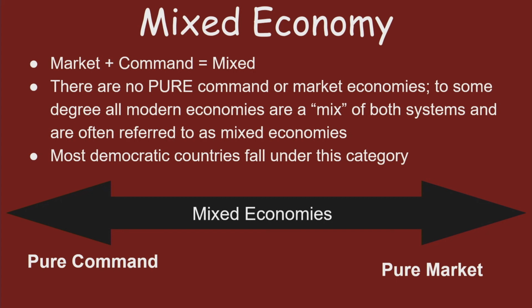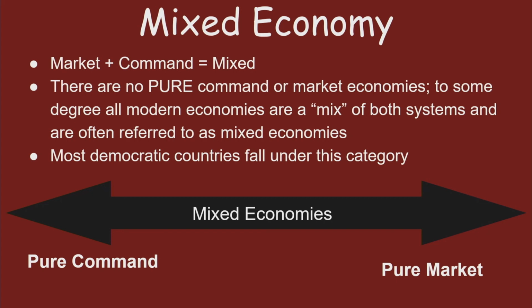So the government may regulate certain things like safety and health hazards, but the citizens also have that power to have the businesses, buyers and sellers have certain rights that they have. So most democratic countries fall under this category. If you look at the line that's on the screen, it has mixed economies in the center and then pure market and command off to the side.